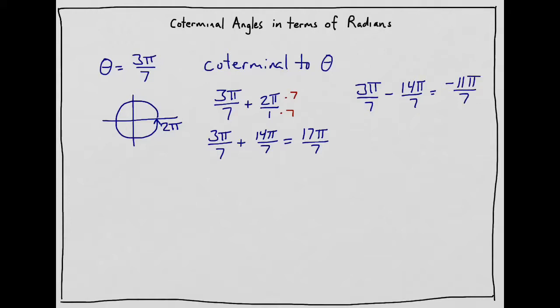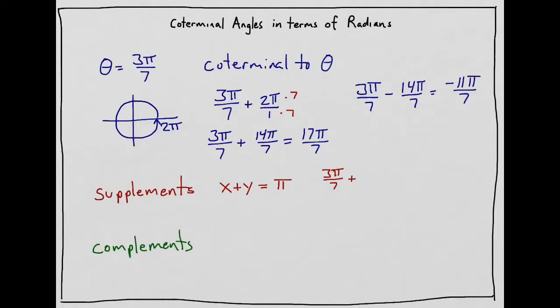A similar process can be applied to supplements and complements as well. For supplementary angles, I can think of two angles as being supplementary in terms of radians if their measure adds up to pi radians, because pi is equivalent to 180 degrees, so it relates to a straight line. So for our specific example here, 3 pi over 7, if I add some angle y to that, I want it to equal pi.